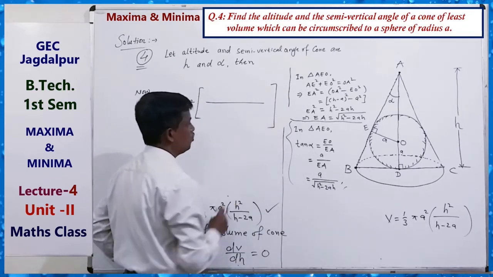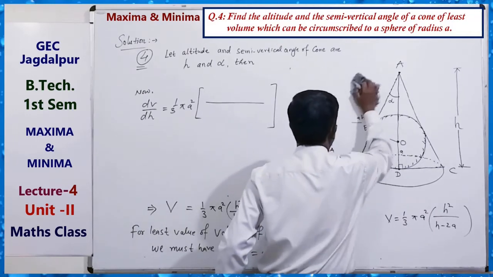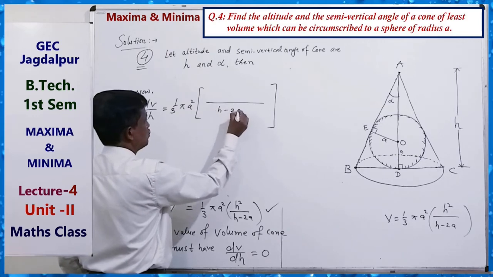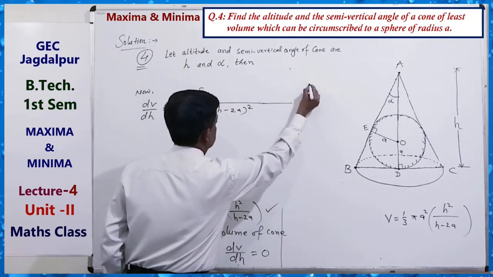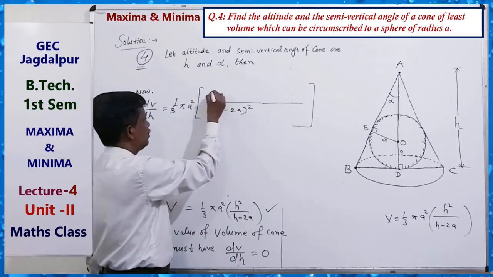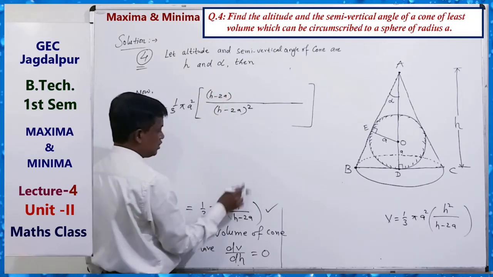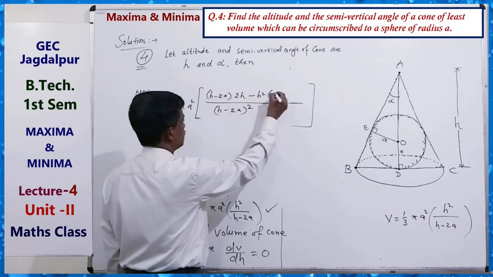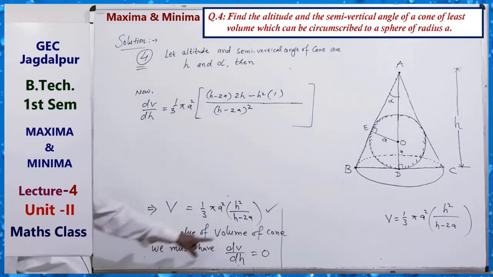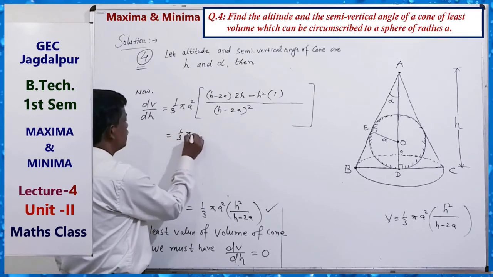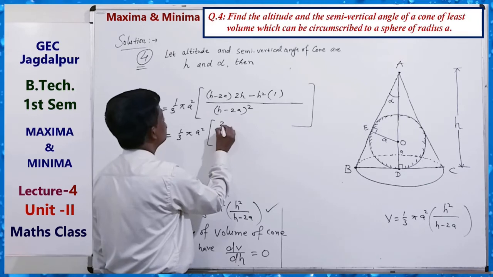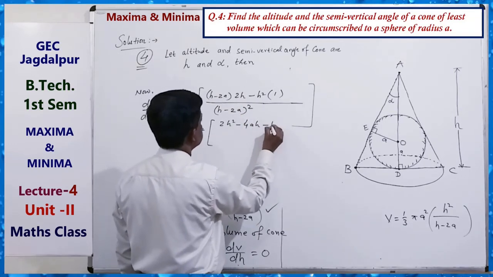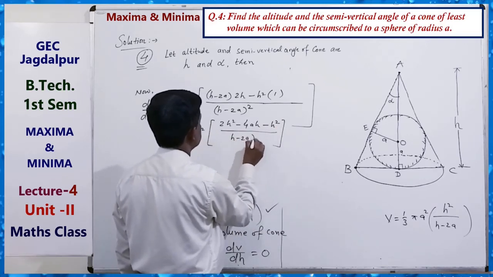Use the rule of derivative for u by v form: denominator h minus 2a times the derivative of numerator 2h, minus numerator h square times the derivative of the denominator 1, all upon denominator h minus 2a whole square. Solving, this gives 2h square minus 4ah minus h square upon h minus 2a whole square.